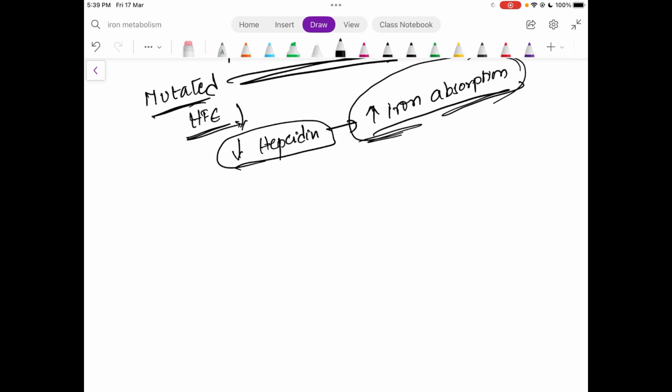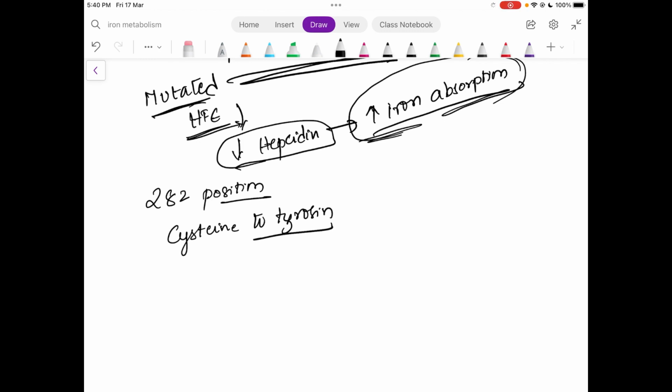Next, this HFE mutation is commonly seen at the 282 position, where there is substitution of cysteine to tyrosine amino acid. And one more mutation is at the 63rd position, where substitution of histidine to aspartic acid will occur.